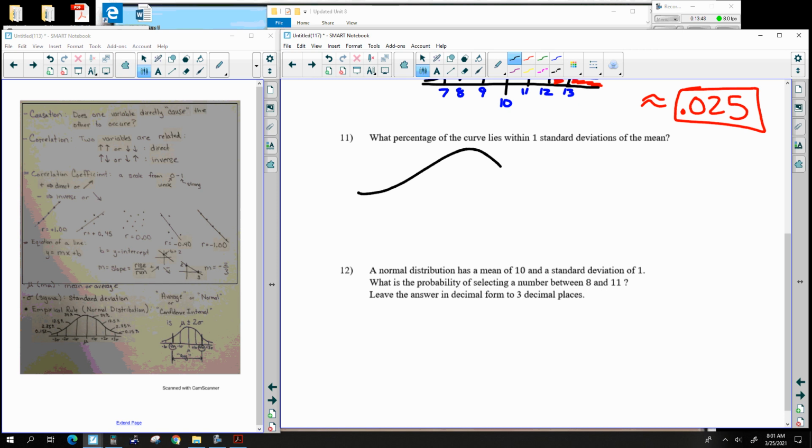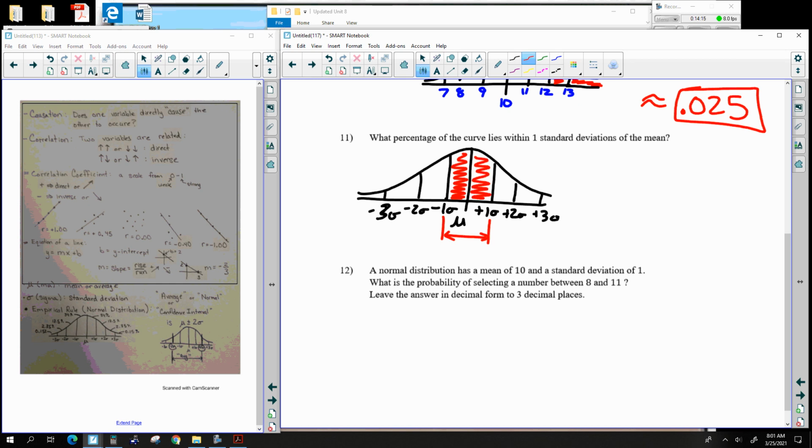Okay, within 1 standard deviation. So here we go. There's our average, 1, 2, 3. So 1 standard deviation, 2 standard deviations, 3 standard deviations, up 1, 2, 3, down 1, 2, 3. Within 1 means 1 up to 1 down. This is within 1.